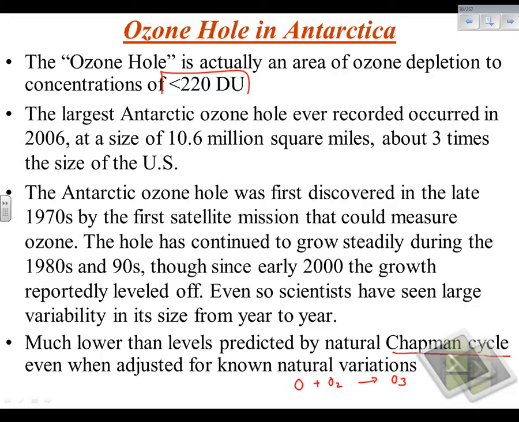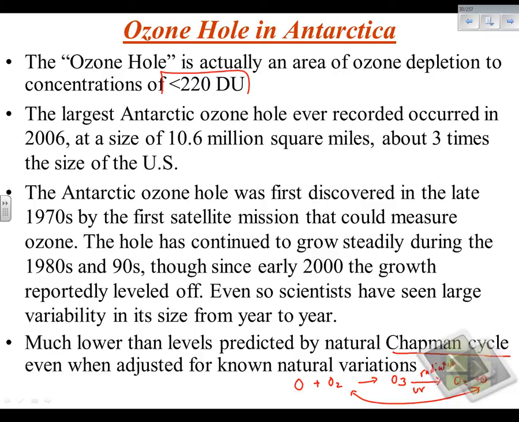Then the ozone is hit by radiation, principally very high UV radiation, and this breaks it back to O2 and O. So you can see it's a cyclical set of steps.